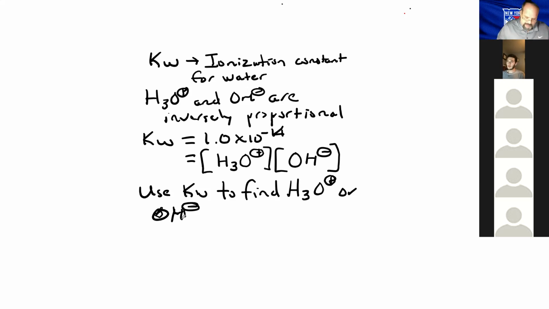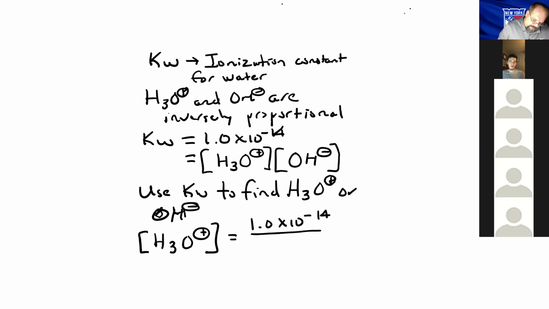Now, how do you do that? Well, essentially, for example, if you want to find the amount of H3O plus, and this is just based on algebra, you take 1.0 times 10 to the minus 14th, and you divide it by the amount of OH minus.